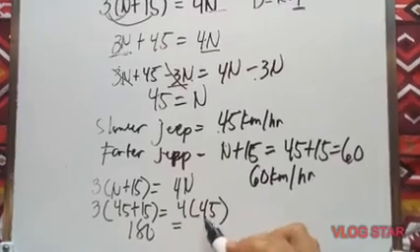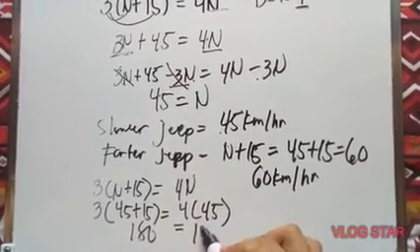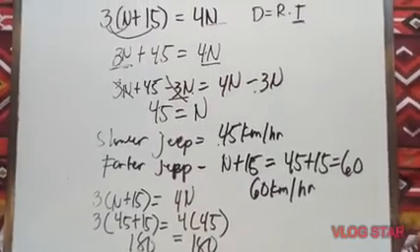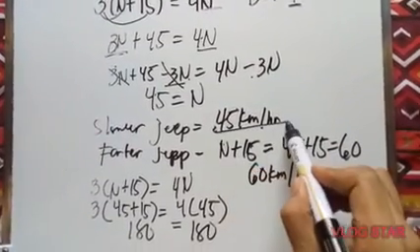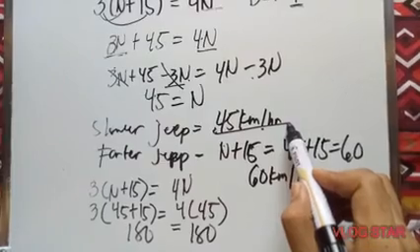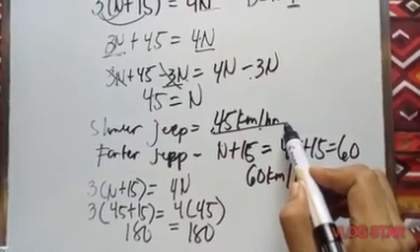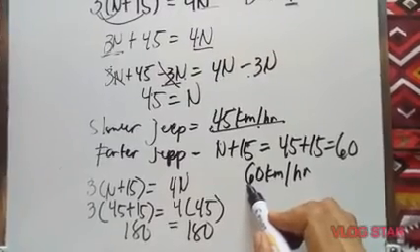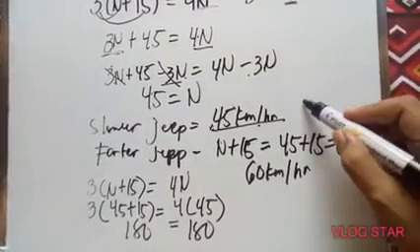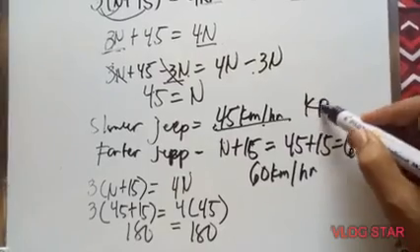Then 4 times 45 is 180. It means that our answer is correct. The speed of the slower jeep is 45 km per hour, and for the faster jeep is 60 km per hour, or you can write it as kph.